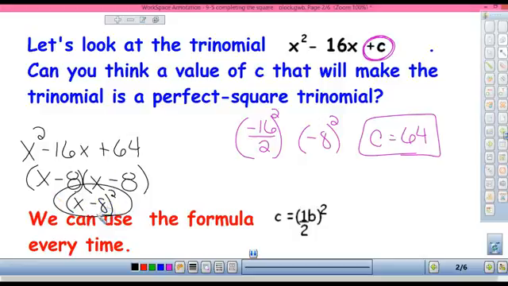I'm going to give you a clue. This number is always going to match this number. From our formula, it's b. So our formula to find c is that c equals b divided by 2 squared. Not yet, this is just how to find c.